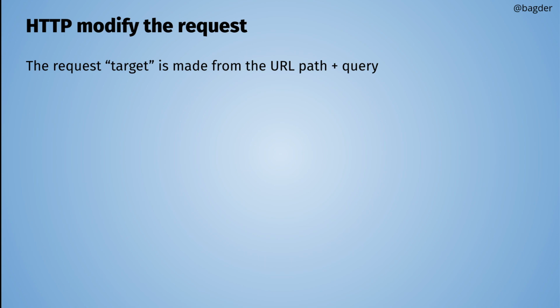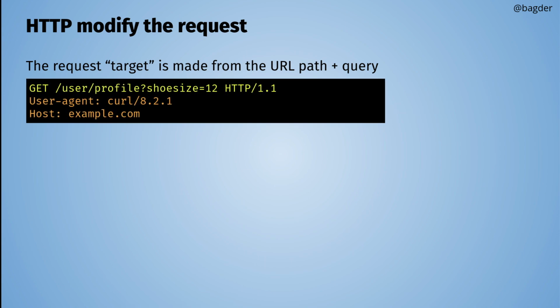And you can modify the request in other ways. For example, the target is called the thing, but when you do an HTTP request, basically what you're asking for is a path plus query, right? In this case, /user/profile?shoesize=12. That's the target. It comes from the URL, right? That's the target.